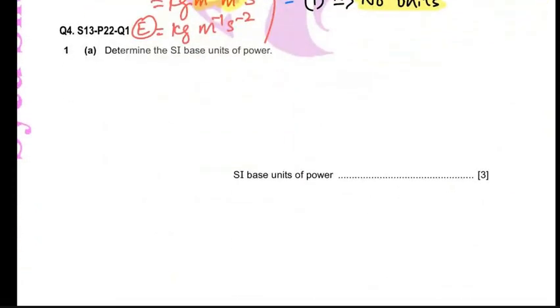Moving further, in summer 13, paper 2, question B1, you need to determine the SI base units of power. What is power? Power is force upon area. Force is kg m s minus 2, and area is m squared.